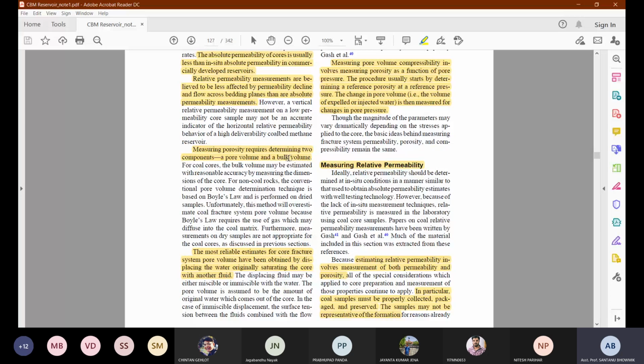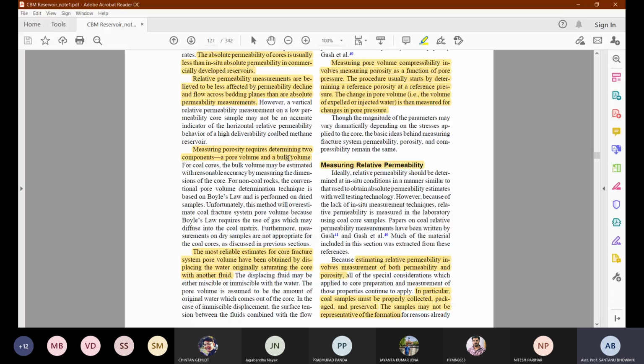Again, when you are going to measure pycnometry, there are other cases when you measure the core fracture system pore volume by displacing whatever fluid it is having. Generally, it is done by taking the total saturation of that coal sample with that fluid.